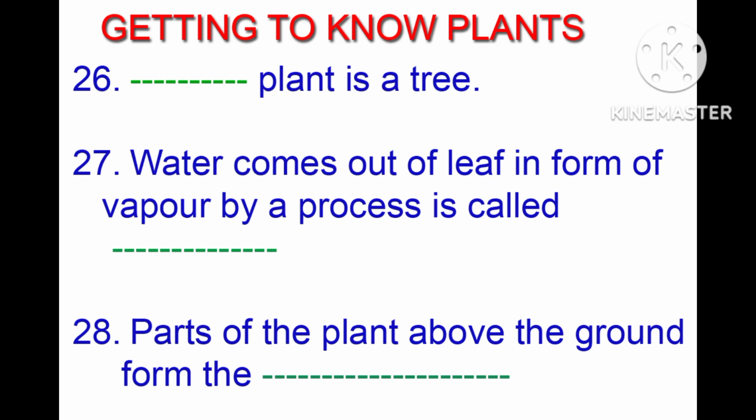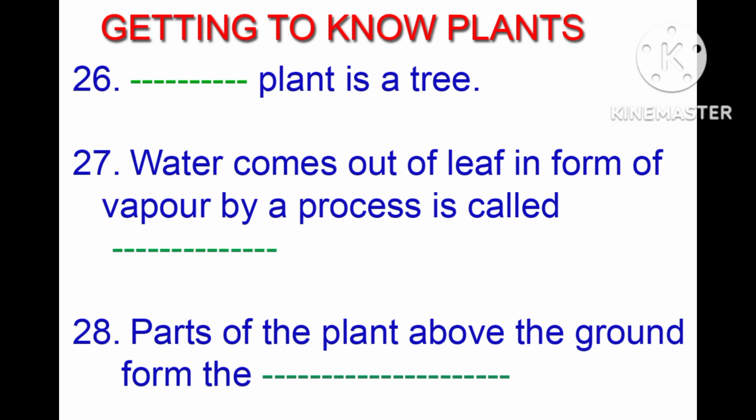Dash plant is a tree. Mango plant is a tree. 27th. Water comes out of leaf in form of vapor by the process called dash. The answer is transpiration.